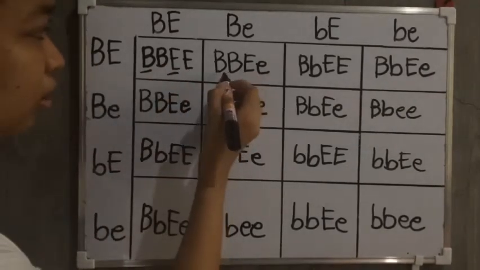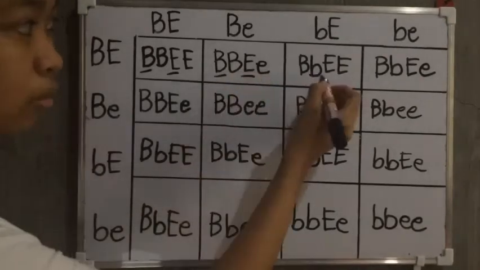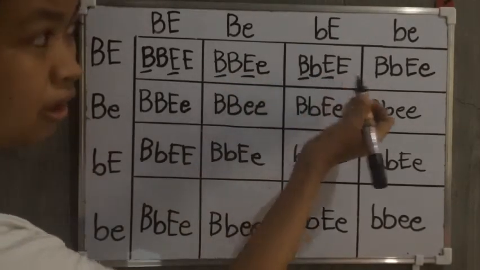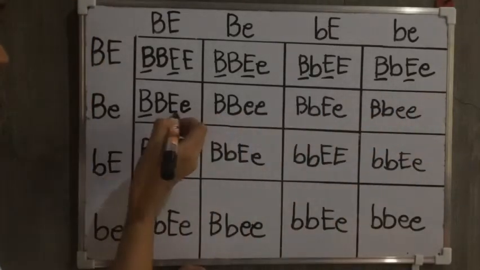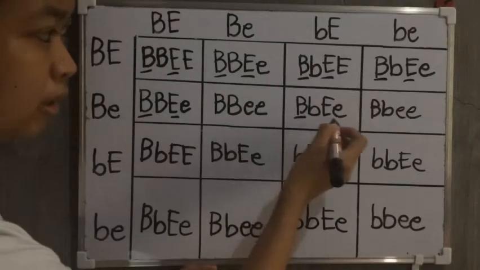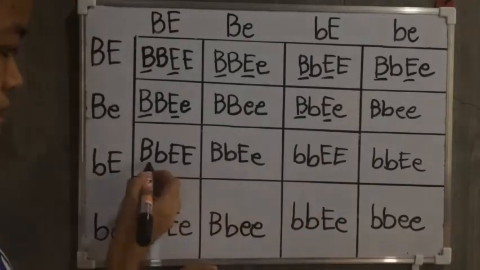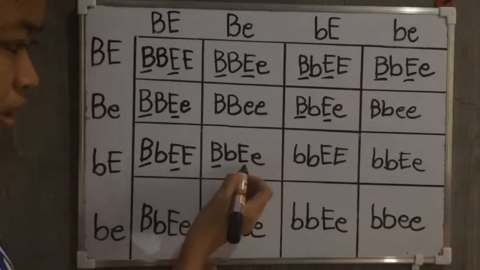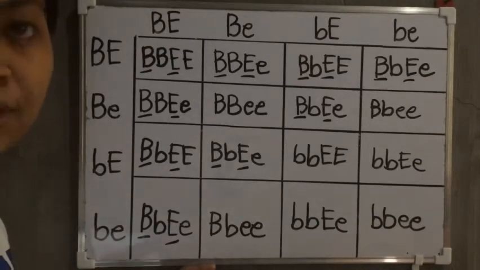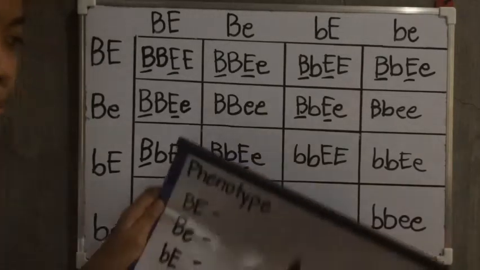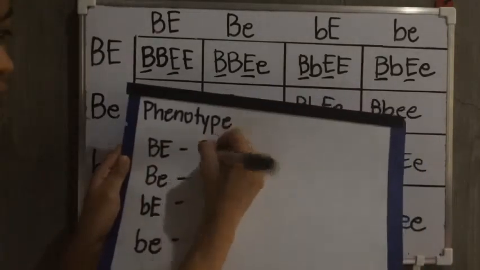Next, 2, 3, 4, 5, 6, 7, 8, and 9. So we have 9 possible offspring that will express physically black hair and brown eyes. So we have here 9.